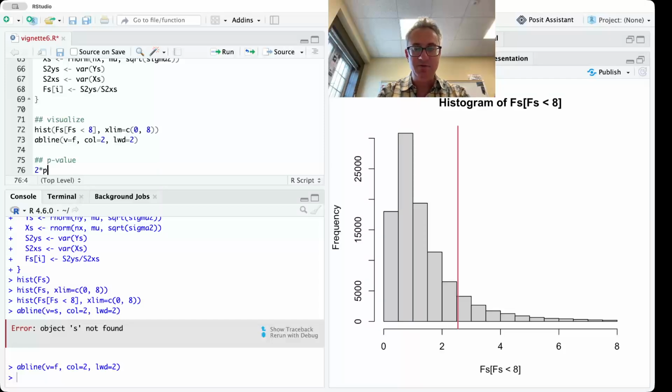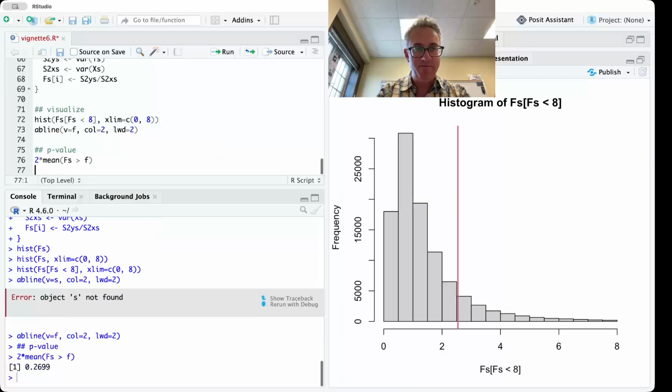So 2 times pf, oh, I'm sorry, I'm going ahead of myself. 2 times mean of fs greater than f. So that's 27%, so not enough evidence to reject the null hypothesis.